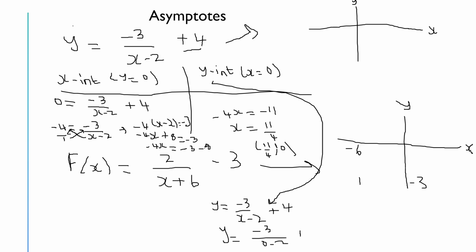So that will be your answer. If you put the whole thing in a calculator, it will give you the answer straight away: negative 3 over negative 2 plus 4. Let me quickly do that in the calculator: minus 3 divided by minus 2, and then plus 4.